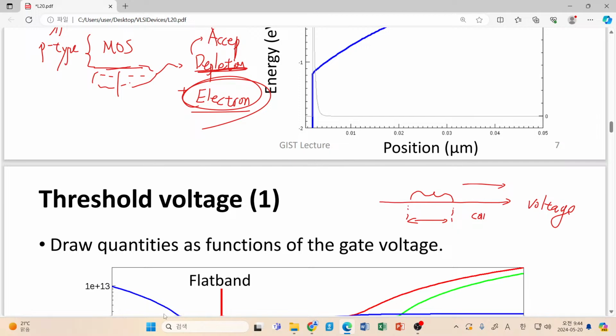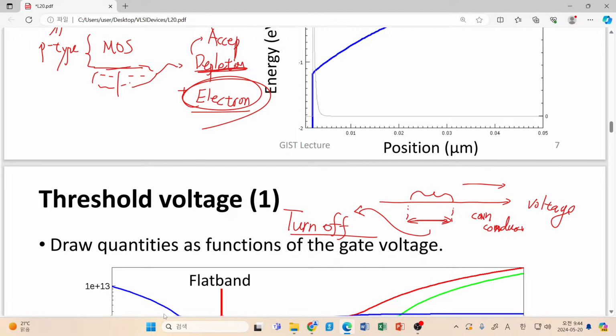So now it can conduct current. However, there exists a certain voltage region. It means that we can now turn off our transistor, our device.